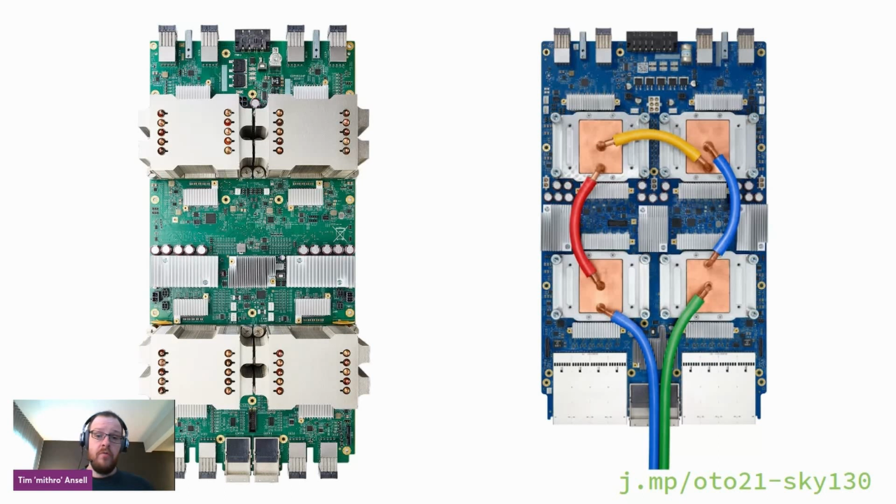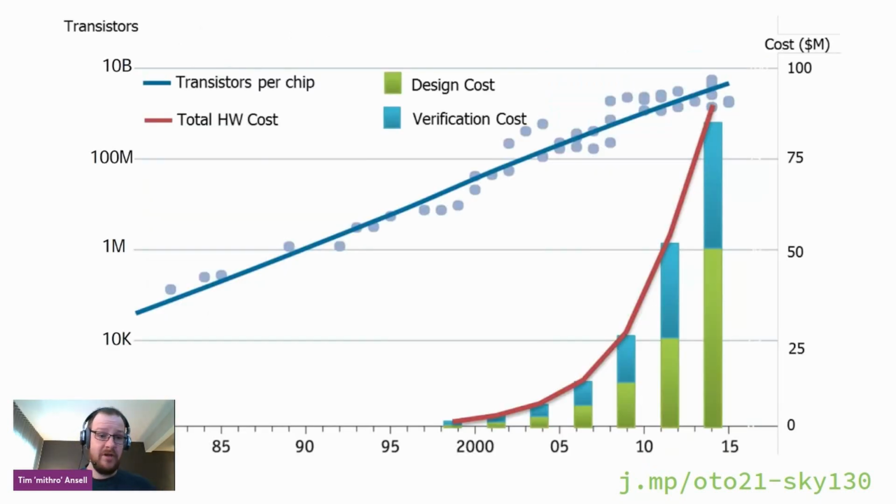The problem, though, we discovered when doing things like the TPU, and this is well known in the IC creation industry, is that as you go to more advanced nodes, the cost of creating the design and the verification increases substantially, and the cost is continuing to go up.